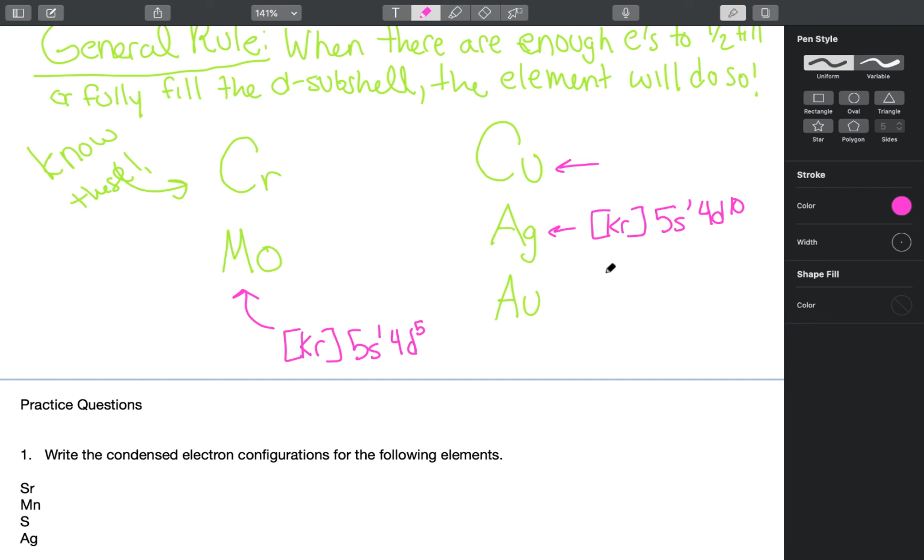And then gold follows the same sort of rules, except you have F subshell being filled. So let's actually write it out for gold as well. So gold would have the electron configuration associated with a noble gas core of xenon, along with 6s1, 4f14, and then 5d10.